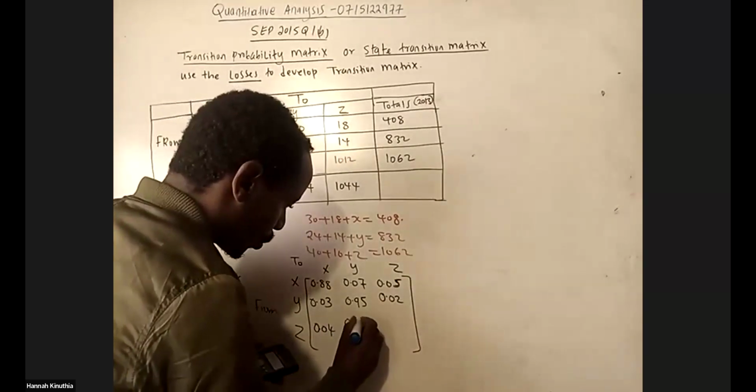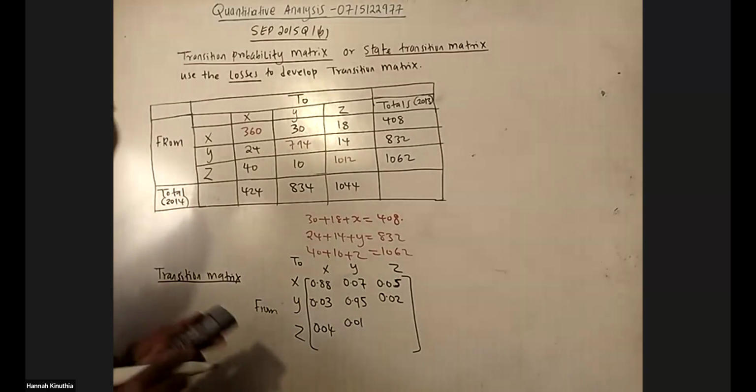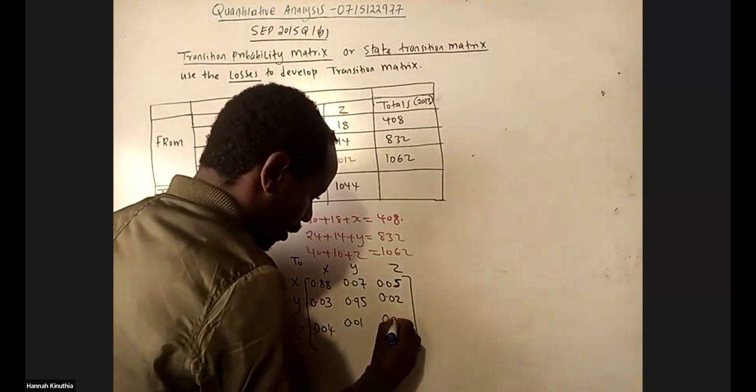It will be 0.01, rounding off to two decimal places. Then the other one will be 1012 divided by 1062, which is 0.95.